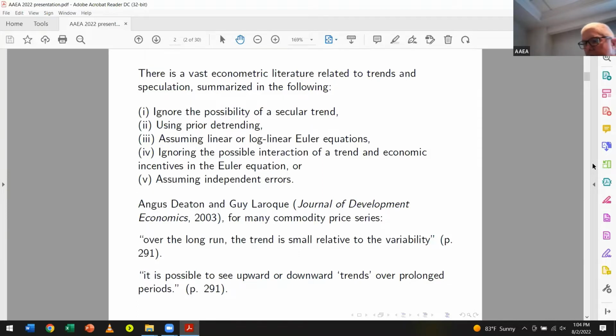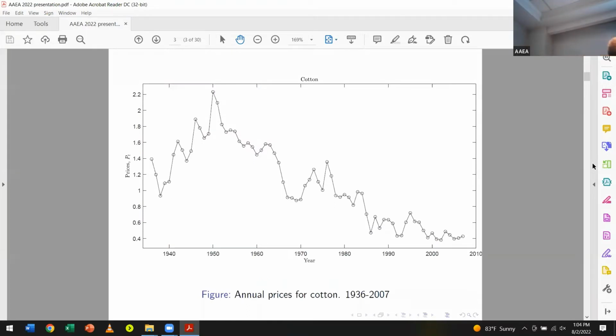Okay, now these are price units. We look at the real prices for cotton and maize that we use to make our point, and you can see that Deaton and Laroque have a nice interpretation of what's going on.